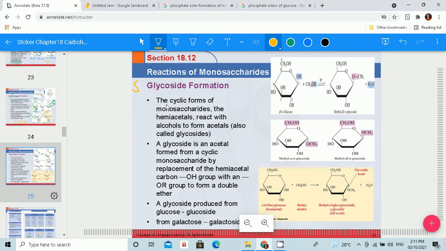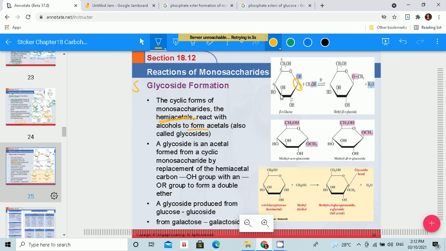Now let's read first the cyclic forms of monosaccharides and then the hemiacetals. This one, the C1. The hemiacetals react with alcohols to form acetals.